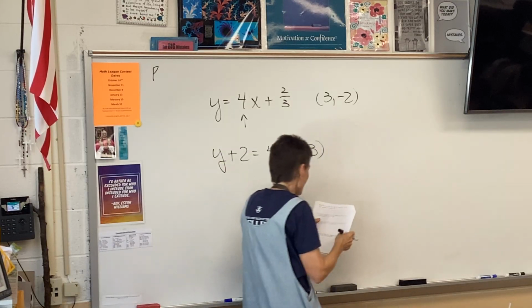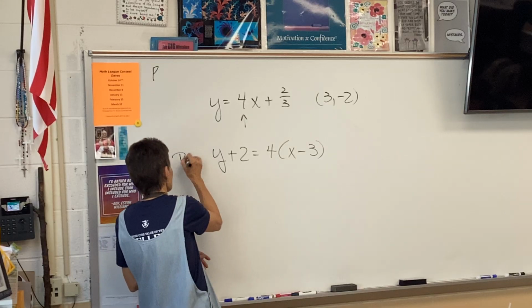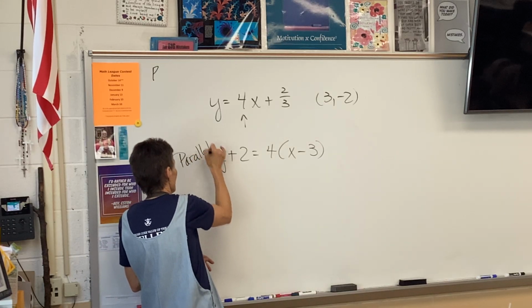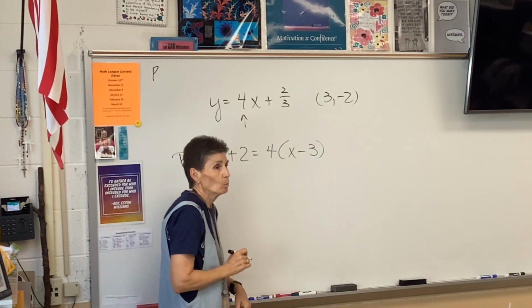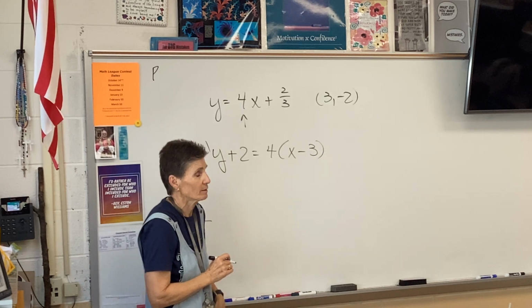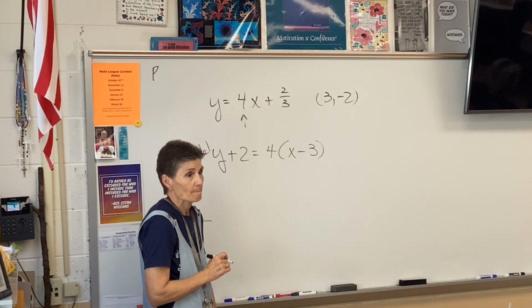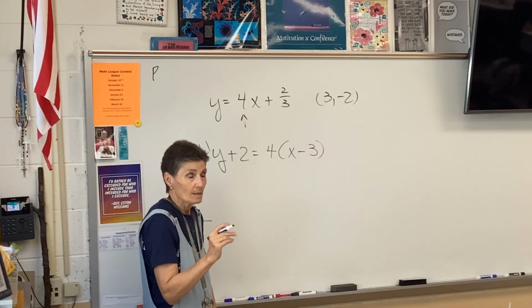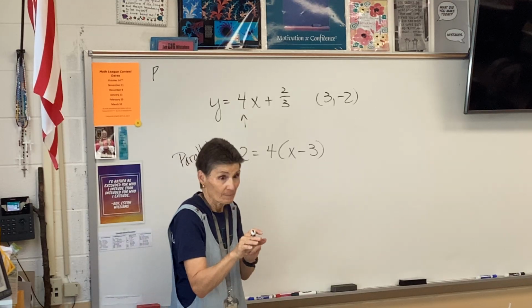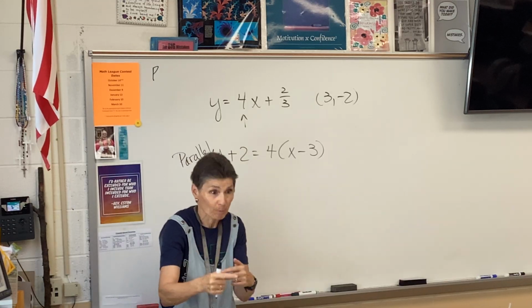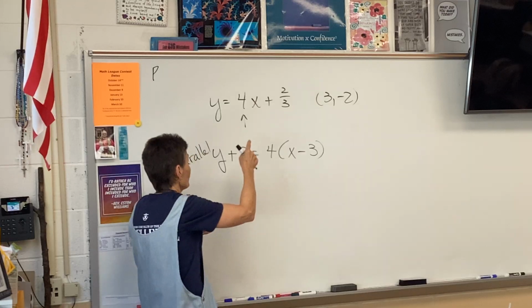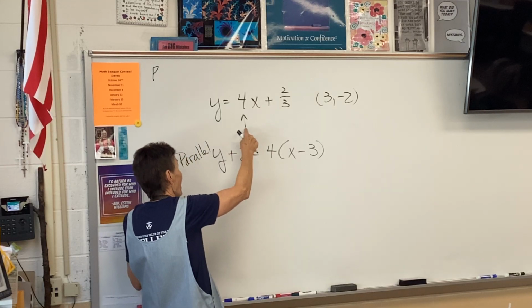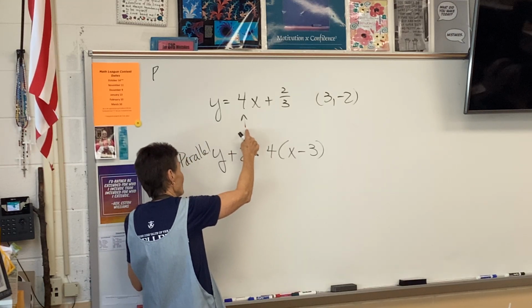Same exact thing, only this time we want the perpendicular. What changes when we want the perpendicular? Opposite and reciprocal. So the slope we're going to use is the opposite reciprocal of that one.